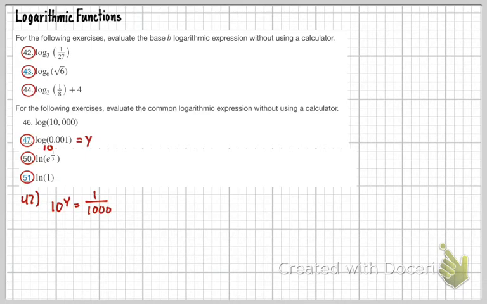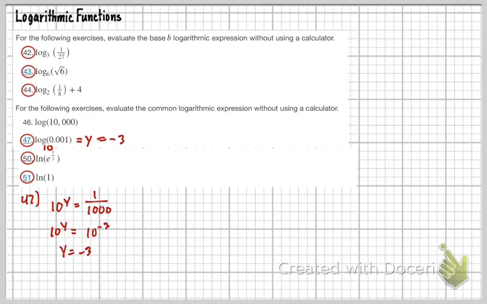So then, what does that mean here? I can write this in terms of the same base, right? Because it's base 10. This is 10 to the negative 3. I think they love negative 3 with these problems. So that tells me this answer is negative 3.